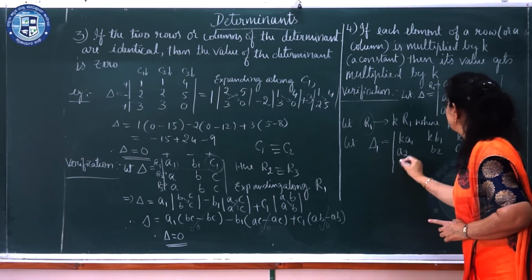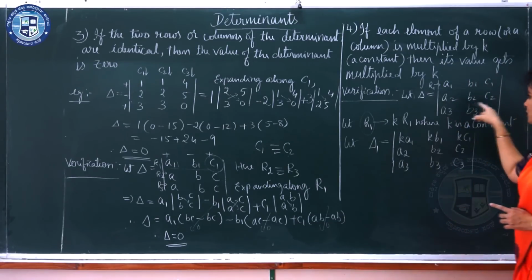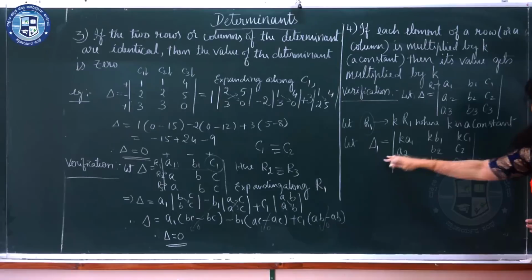Third row elements A3, B3, C3. Look at this. The second row and third row are not going to change. The elements are as they are. Only the first row elements we are multiplying by k. When you expand this, you can make out that this delta 1 is k times delta, k into delta. That is what we have to prove.